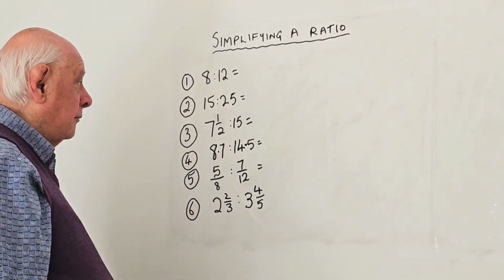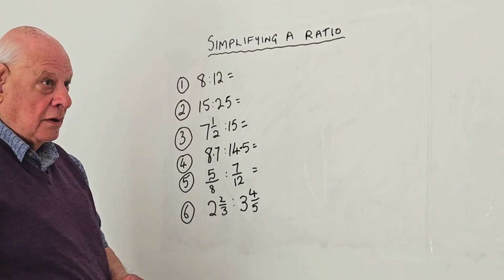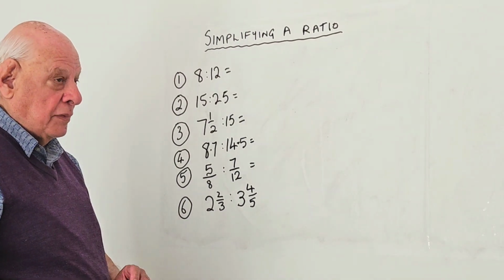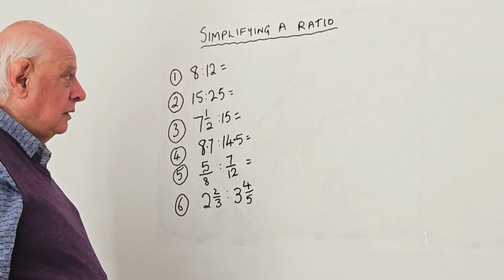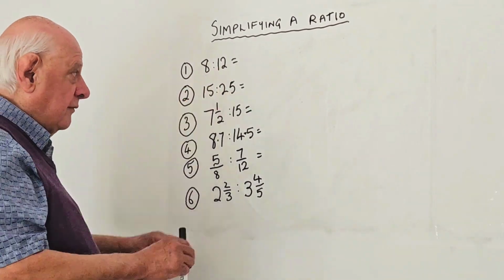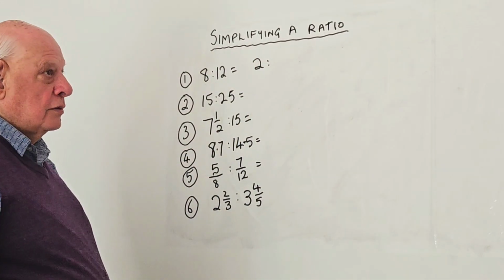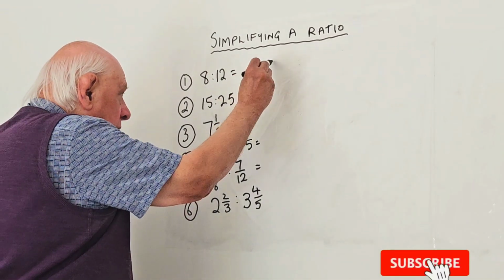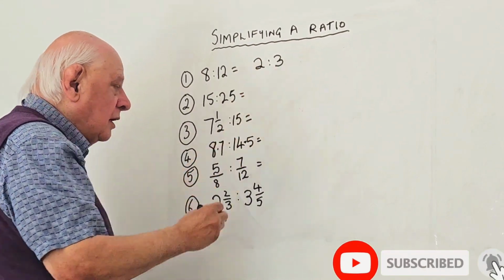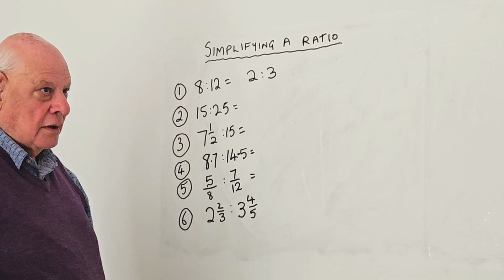Now over here, we can see that both parts can be divided by 4. So I'm going to divide both parts by 4. 8 divided by 4 is 2, and 12 divided by 4 is 3. We can't break that down any further, so we have that as our answer.